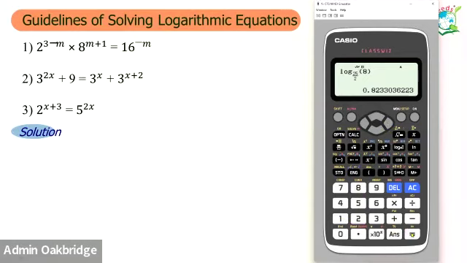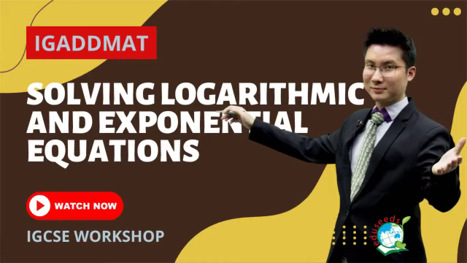Is it correct or not? I'm going to make sure both are correct. LG 2, and then 2 LG 5 minus log 2. It is the same answer. Yeah, same answer.